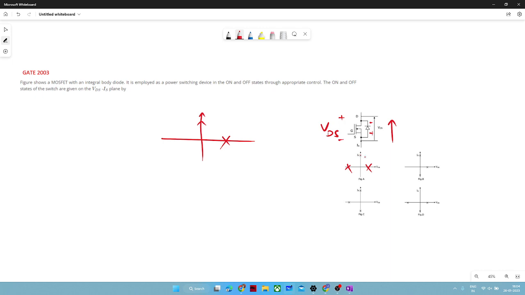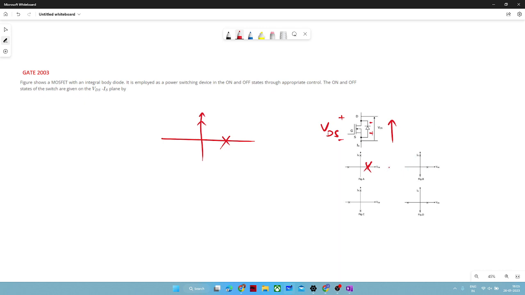and they will block the polarity of positive voltage. So here from this figure, we can say that if this body diode would not have been present in the circuit, it would have blocked this positive voltage. But now, since this body diode is there, its conduction direction will be bidirectional. So we have to see the option where both directions of currents are present.